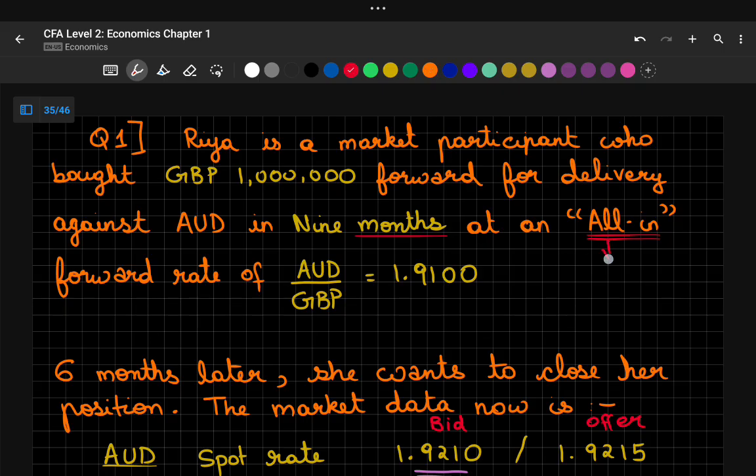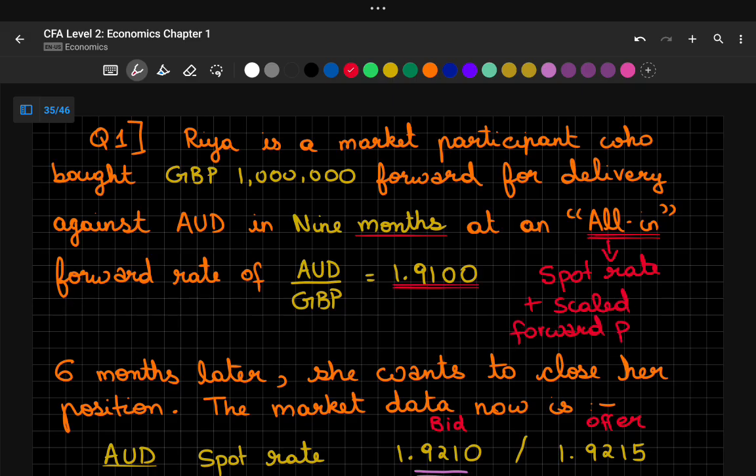What does all-in mean? In this case, all-in means that this 1.9100 is the 9-month forward rate, that is, the spot rate plus scaled forward points.